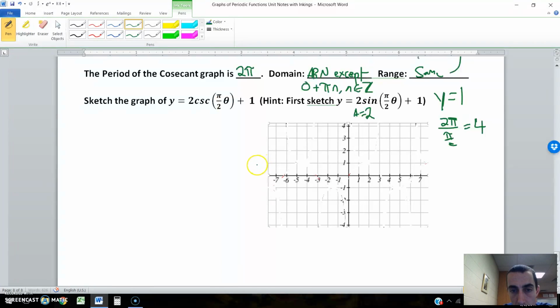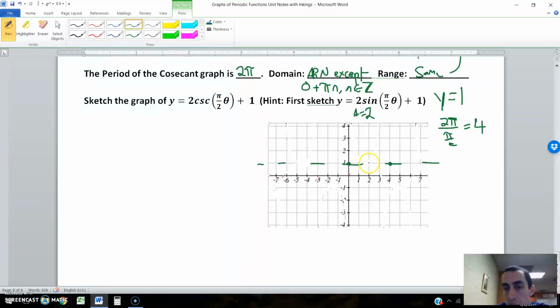So for the sine graph, draw in your midline. Since it's a sine graph, it will start at the midline, and then go up, and then hit the midline, go down, and hit the midline again. It's going to take 4 units to complete a full sine cycle. So I'll start here and end 4 units to the right of that.